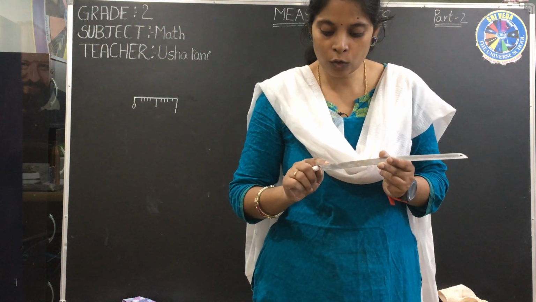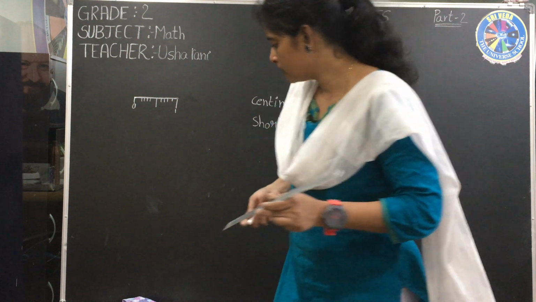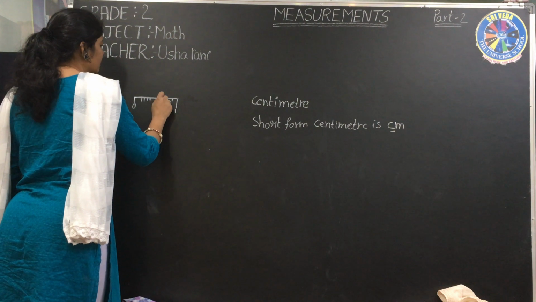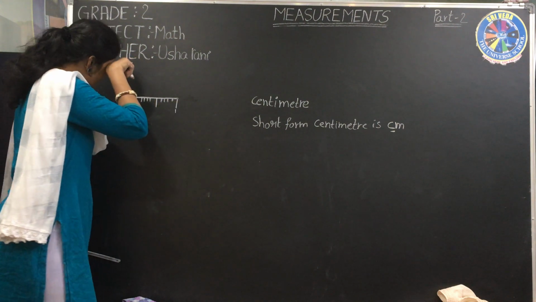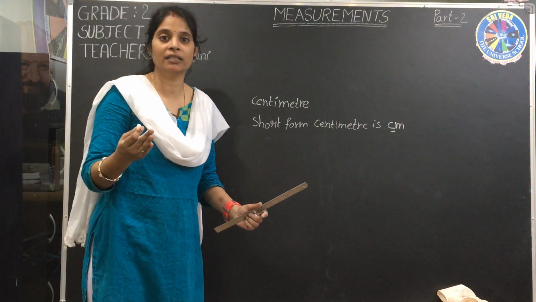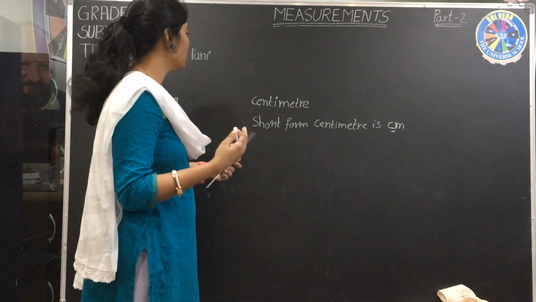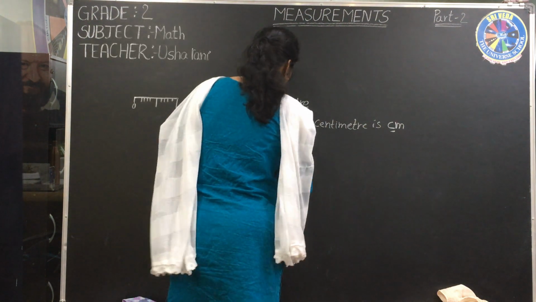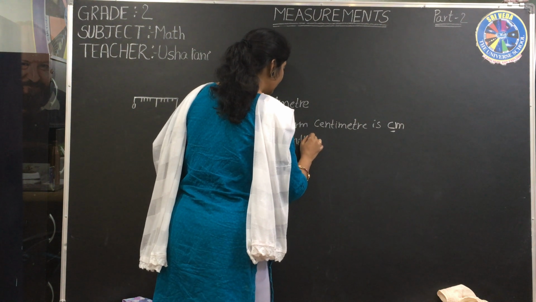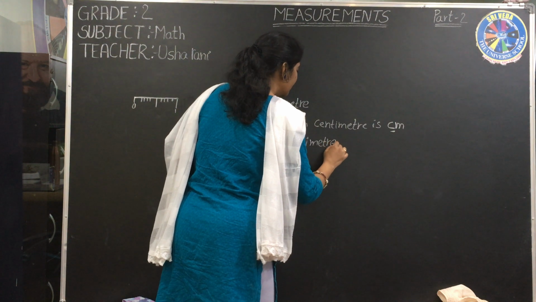From one number to another number, some small lines are there. 1, 2, 3, 4, this is 5, 6, 7, 8, 9, 10. These small lines are called millimeters. M-I-L-L-I, milli, M-E-T-R-E, millimeter.